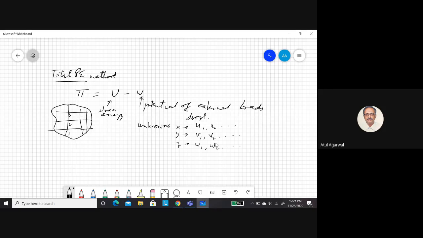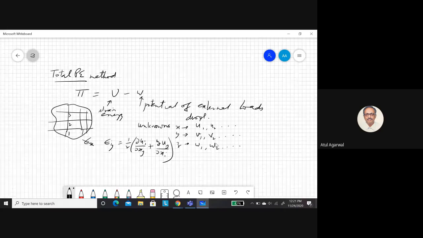So once you have the displacement, you can find strains. Strains you can find from this expression. Already you know u is equal to sum of N_i u_i.